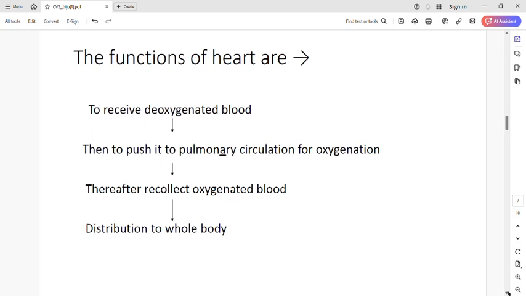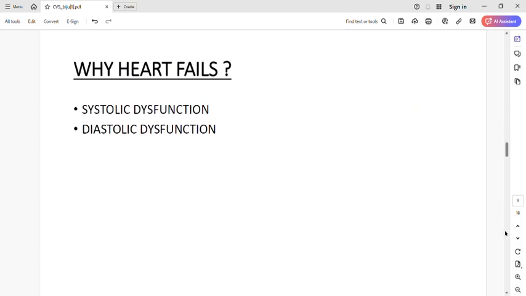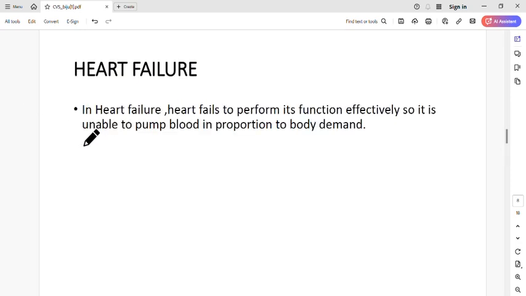Before discussing the drugs, we must know the function of the heart. It collects deoxygenated blood, which is oxygenated after purification with the help of the lungs, and then circulates it through the whole body. Heart failure is when the heart is unable to pump enough to meet the demand of the body.